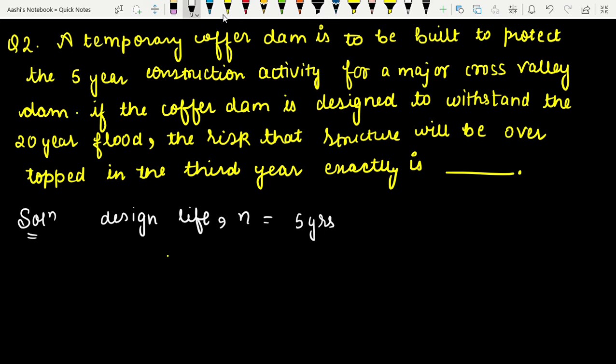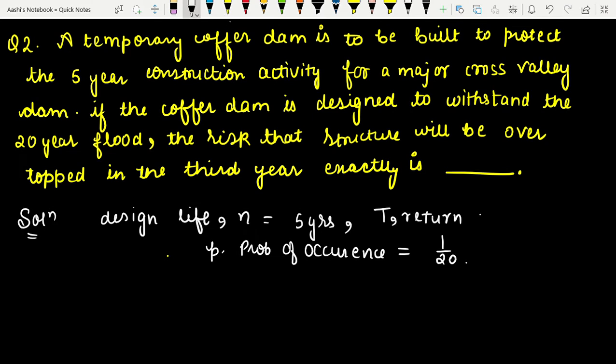So I can say that the probability of occurrence, denoted by small p, is 1 by 20, or the return period T is equal to 20 years.